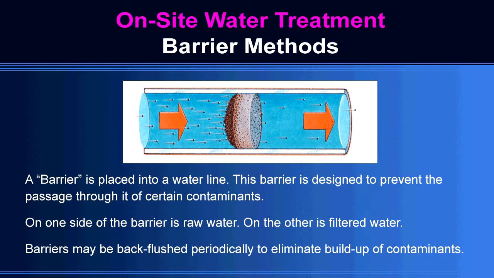It'll release and come through in little spurts or little spikes. So if you were able to put together a monitoring system to actually monitor the purity of water, it's going to have little spikes or little variables that change because of the imperfections of a barrier type system.